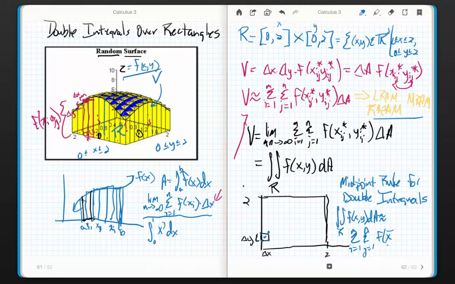We've got this i because it cleans things up so much more. We don't have to get awful with this. We just pick the middle of each one, so it's going to be x bar i, y bar j, and then this is just going to be delta A, not dA.